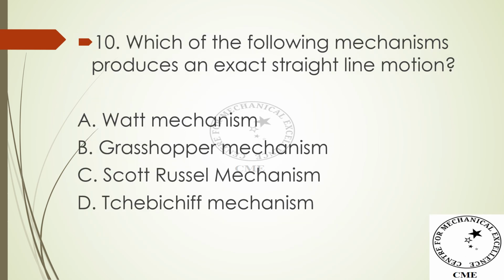Next question. Which of the following mechanisms produces an exact straight line motion? Option A, Watt mechanism. Option B, grasshopper mechanism. Option C, Scott-Russell mechanism. Option D, Tchebicheff mechanism.